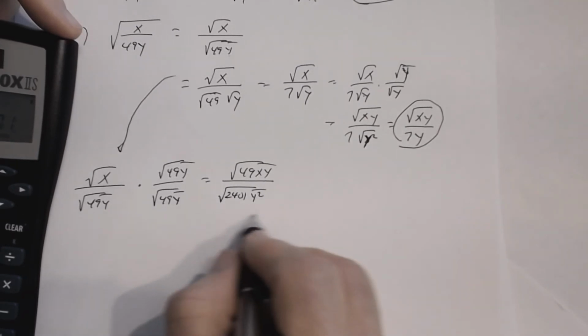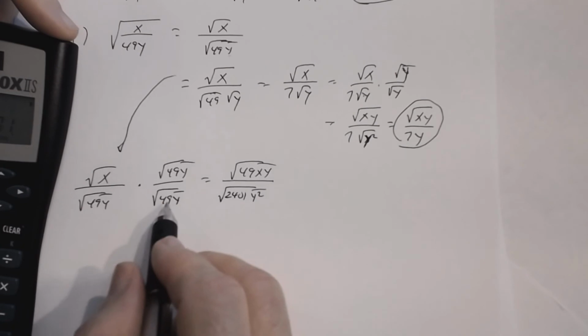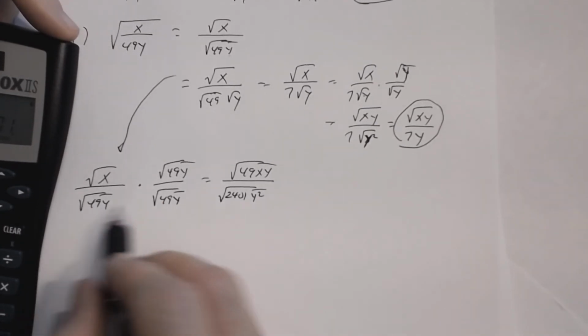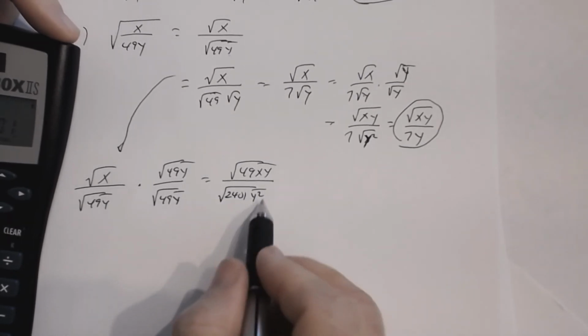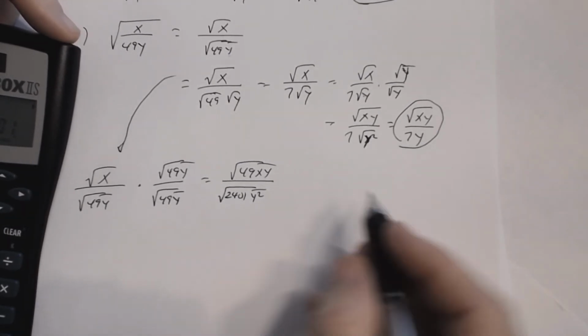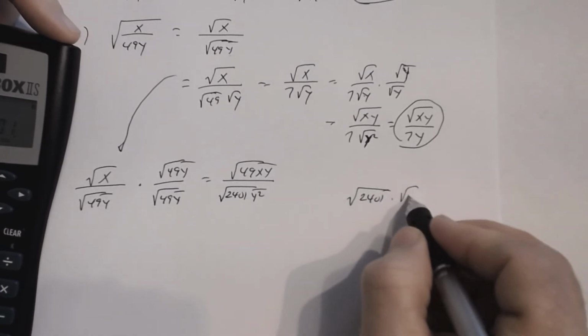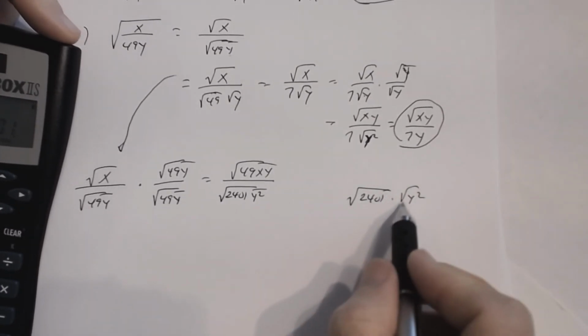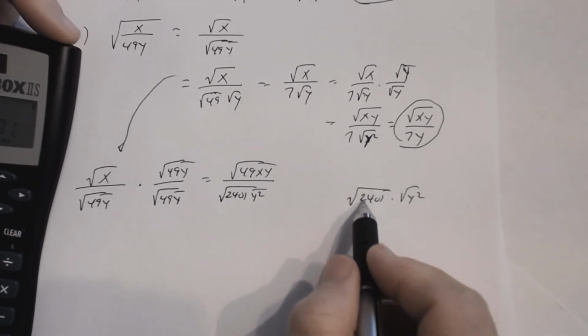Okay, now let's go off to the side and kind of figure out what this is. So remember, the whole purpose of multiplying this square root by itself is to no longer have a square root here, right? So that means I can simplify this. So let's think about this. I just wrote the denominator using the product rule. What times itself twice is 2,401?